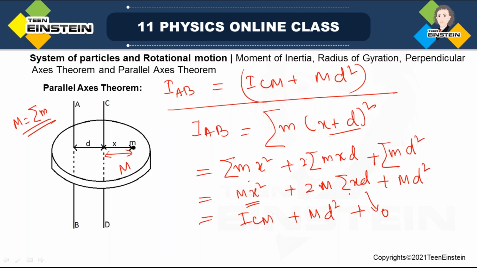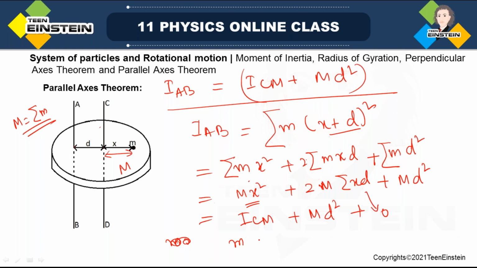Why is it so? This is zero because a body can be balanced by its center of mass, and the algebraic sum of the moments about it is zero. If you take another x distance this way or that way, anyway you take, it will be identical.